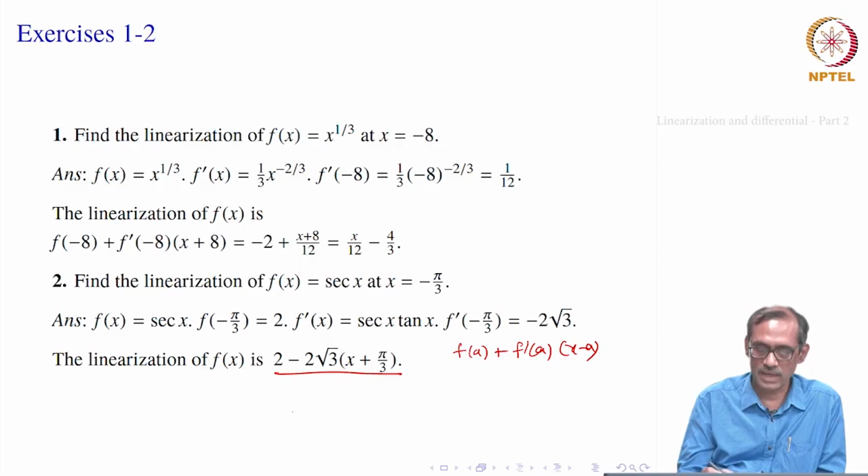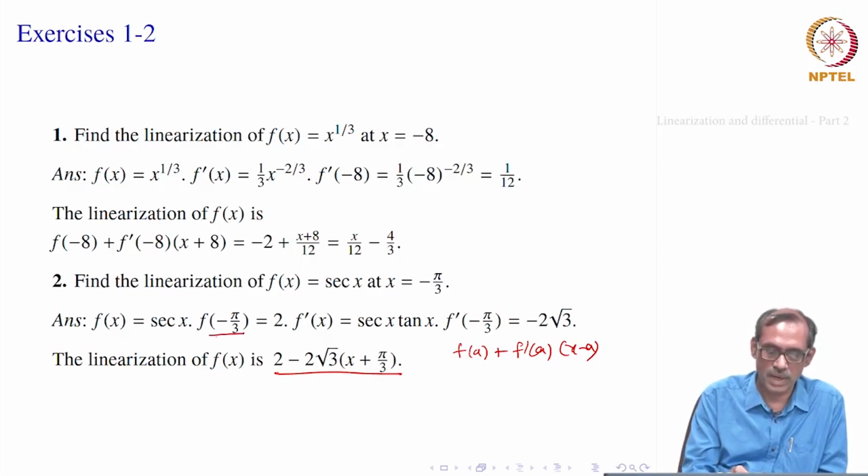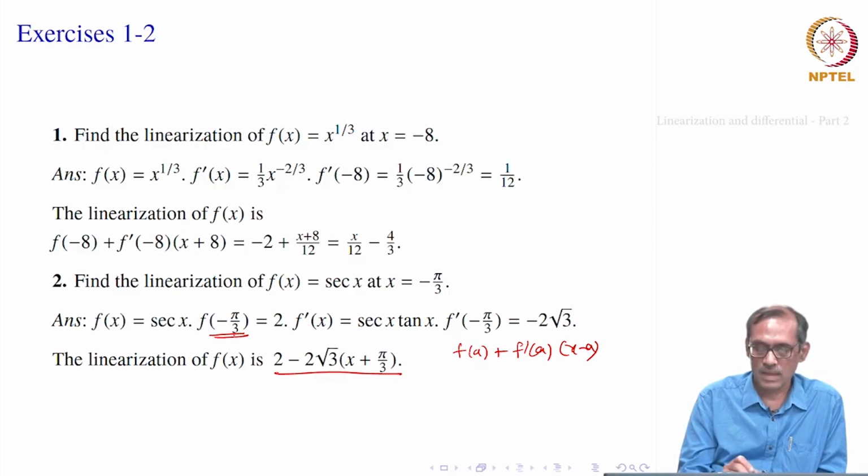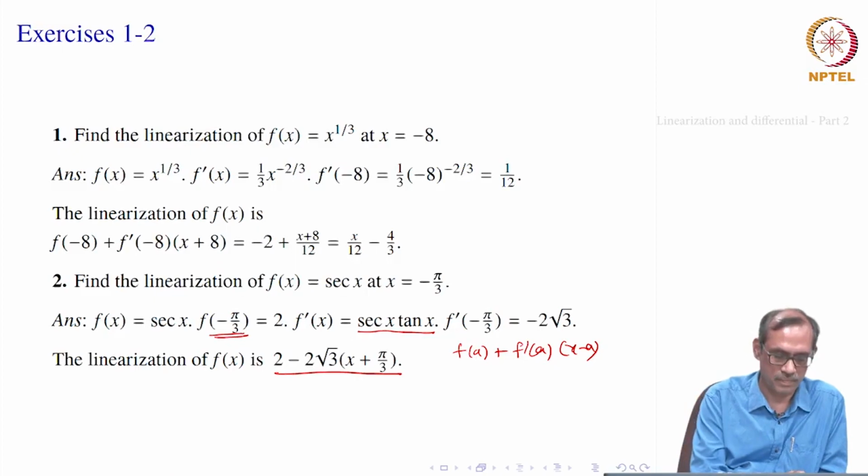So, again it says that in a small neighborhood of minus pi by 3, if you choose any x, then the difference between secant x and this number 2 minus 2 root 3 into x plus pi by 3 will be very small. That is the notion of this linearization.